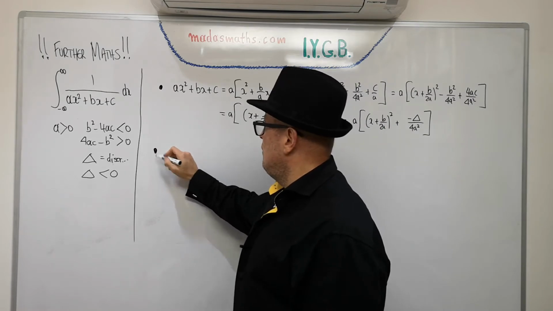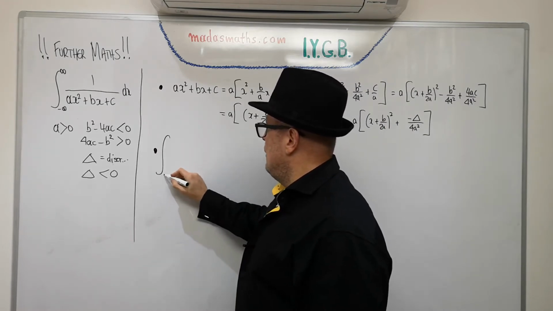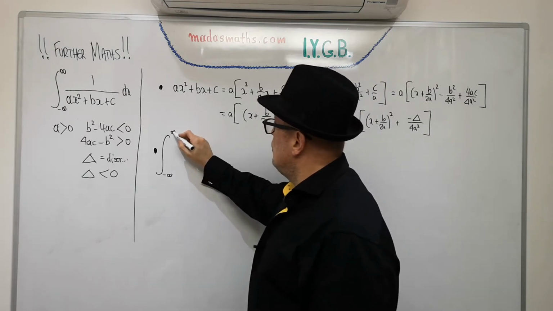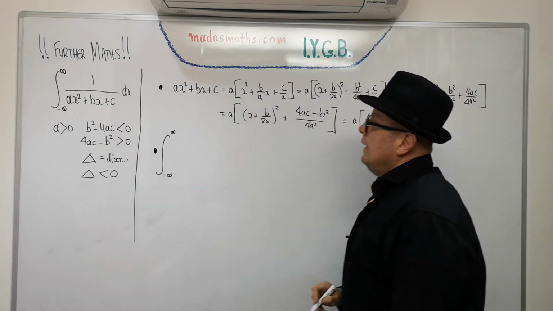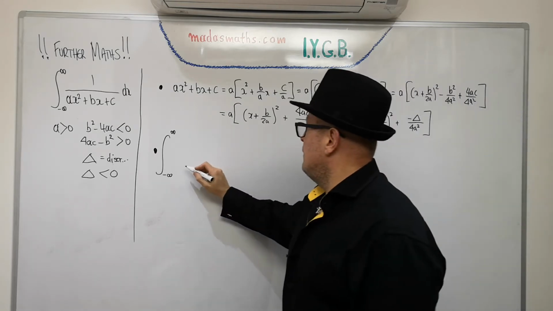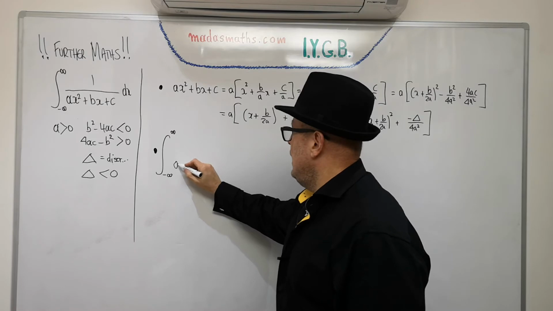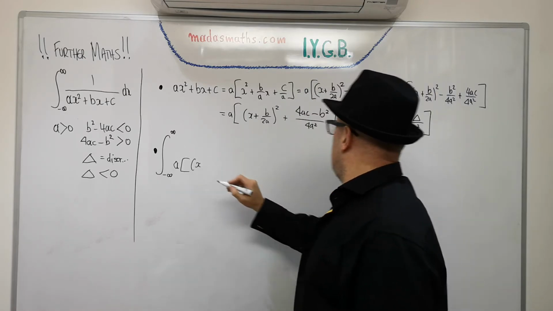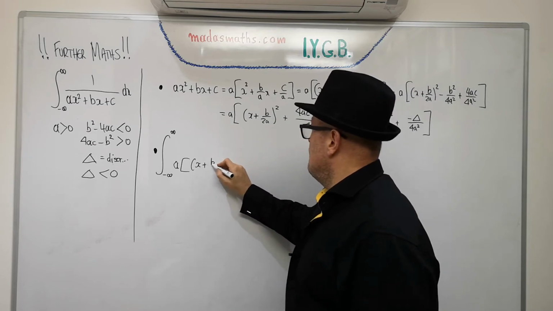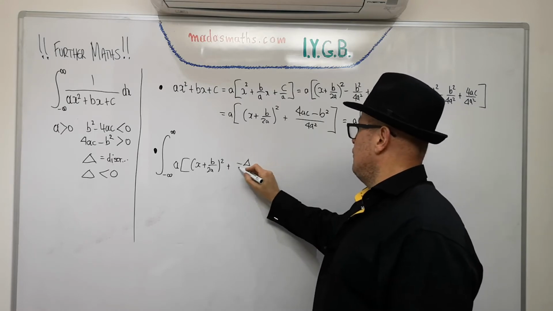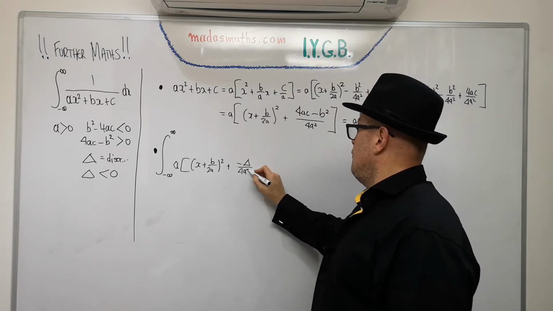So now we're going to look at our integral. So second stage, we're going to rewrite our integral from minus infinity to infinity. Oops, let's join them together. Okay, and I'm going to write straight away, this is my denominator. I hope I haven't made any silly mistakes, as per usual. It's going to be a square root of x plus b over 2a all squared plus the negative of my discriminant over 4a squared.